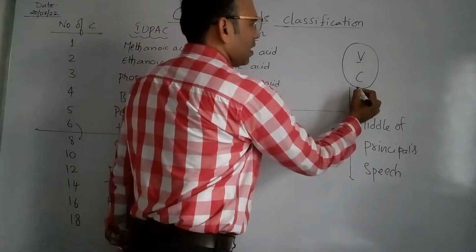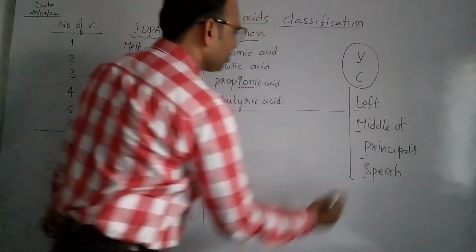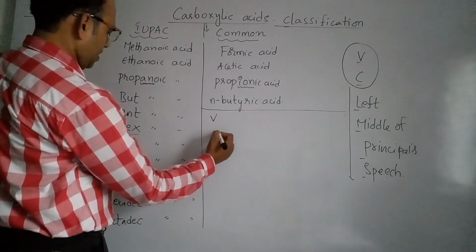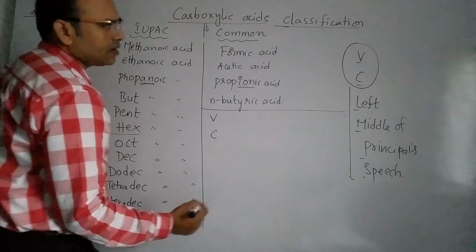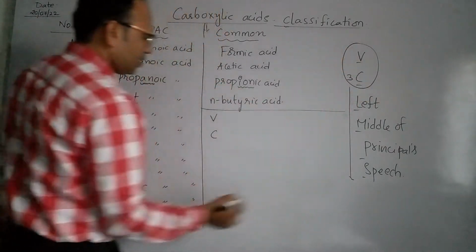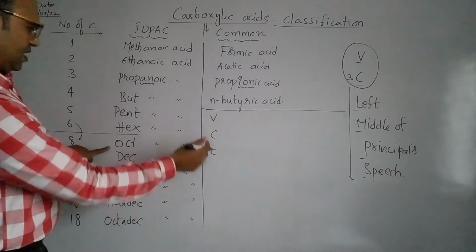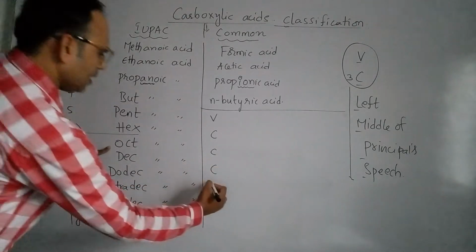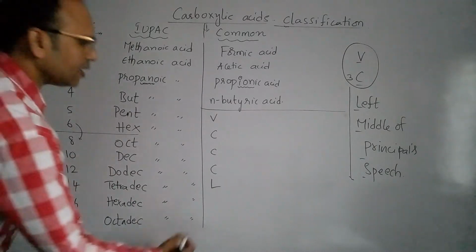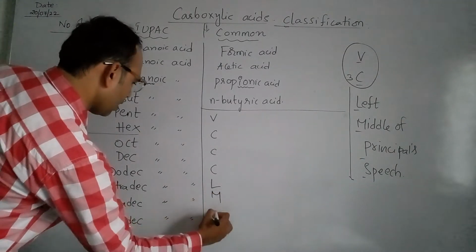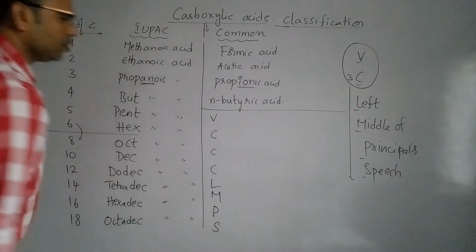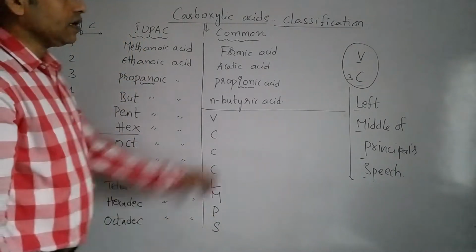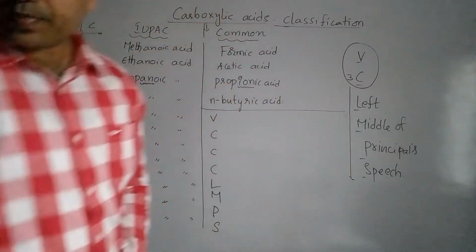Using this, write the first alphabets: V, then C. Here we have 3 C's, let me write 3 C's. After this, L, next M, and then P and S. So hope you have understood this: V, triple C, L, M, P, S.